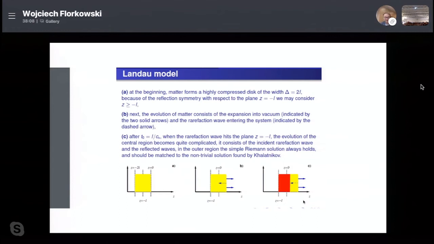Of course, Landau did it, so the model was really developed by other people, and people followed his ideas. But if you do all those calculations, which can be done analytically, then you see that the multiplicity distribution of particles is a Gaussian, and this is an experimentally observed fact that such distributions are Gaussians.